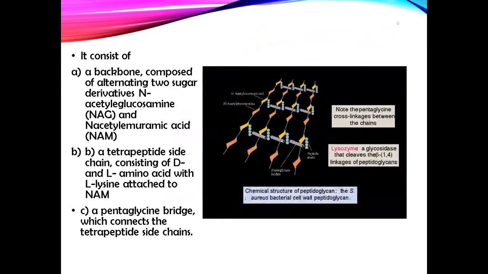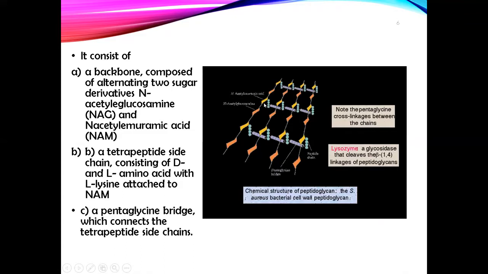So what does it consist of? That is the backbone, which is composed of alternating two sugar derivatives, that is N-acetyl glucosamine and N-acetyl muramic acid. Then a tetrapeptide side chain consisting of D and L amino acids with lysine attached to N-acetylmuramic acid, and a pentaglycine bridge which connects the tetrapeptide side chains.